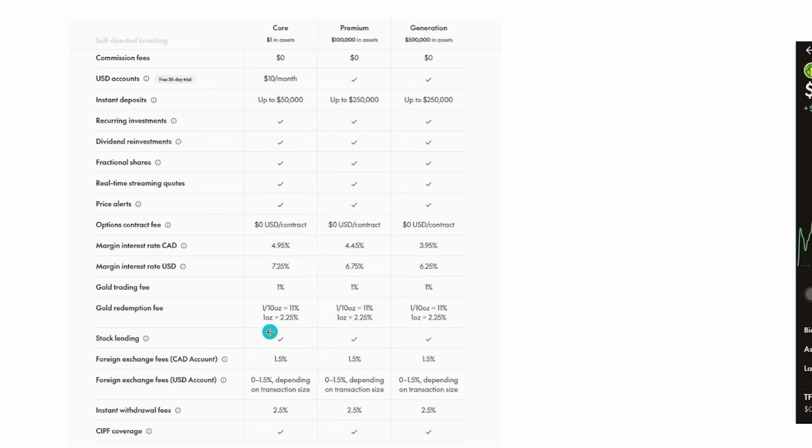After that, pretty much everything's the same except for the margin interest rate, which I won't get into. And if you have $100,000, I'm pretty sure the USD transaction fee is waived, because you just get a free USD account and start investing as if it was a USD account.